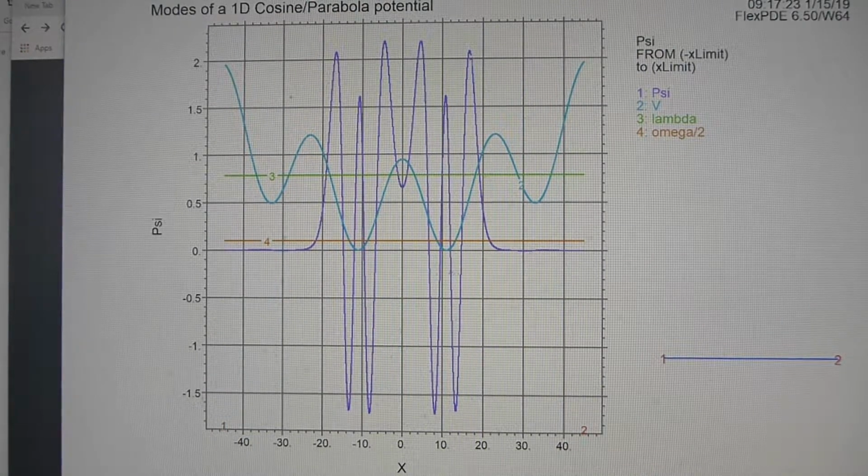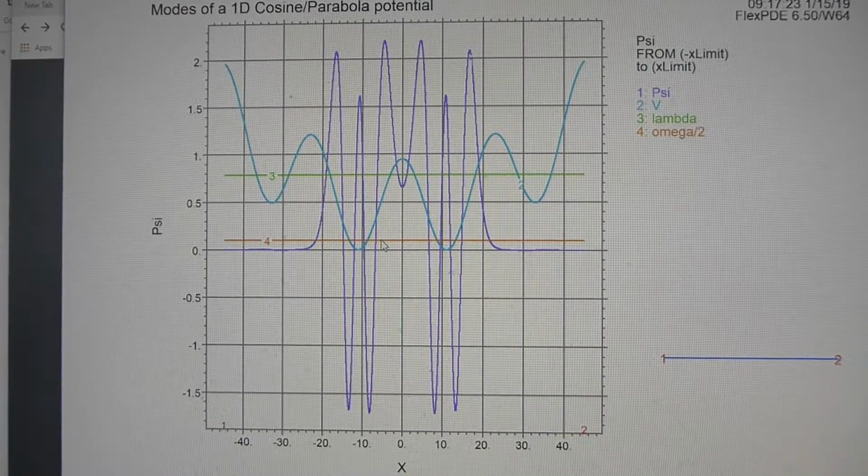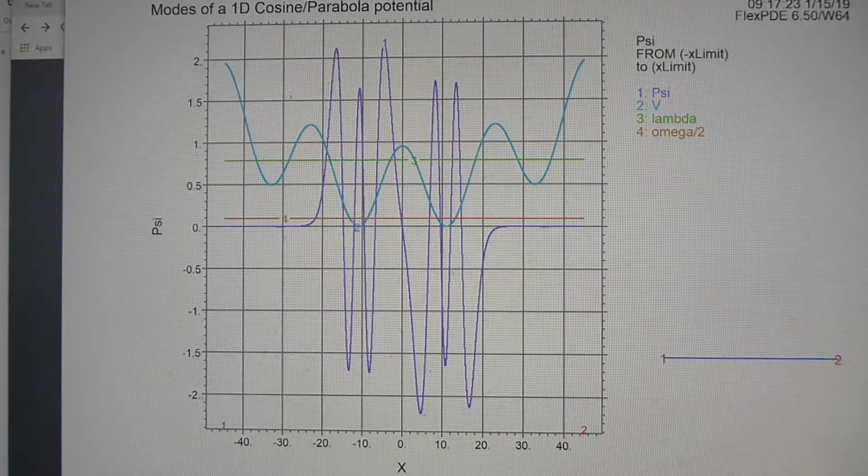Now we have a more complicated mode in the center, more zero crossings. Zero crossings correspond to the number of nodes of the Schrodinger equation wave function. This is the same thing, just the inverse of the last.